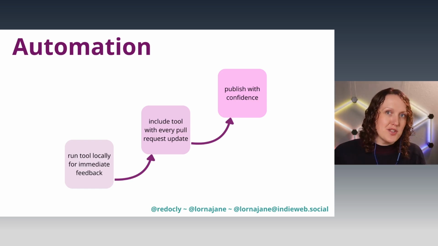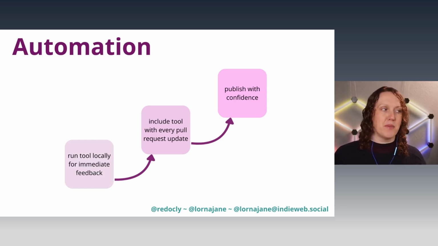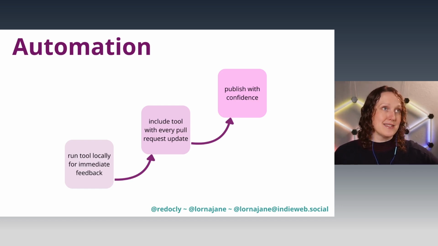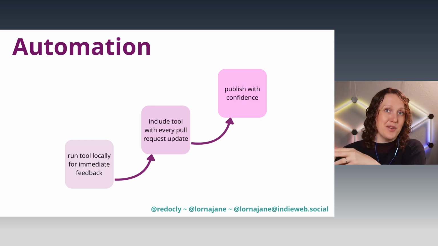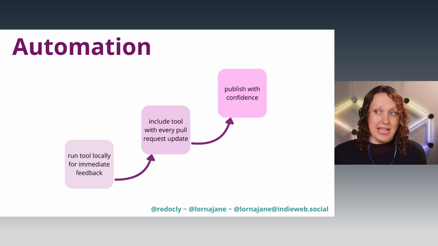But because we've done those checks, as well as having the human reviews, then we can publish with confidence. And that's really what automation brings to us. You're not hoping that the edits that team did haven't broken anything in the section that the other team owns. There is none of that. We can run the tools that check everything is okay.